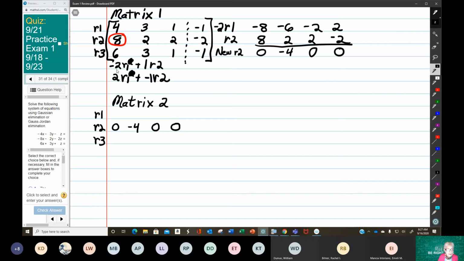Right now, row 1 and row 3 are staying the same. 4, 3, 1, -1 is what row 1 is, and row 3 is 6, 3, 1, -1.